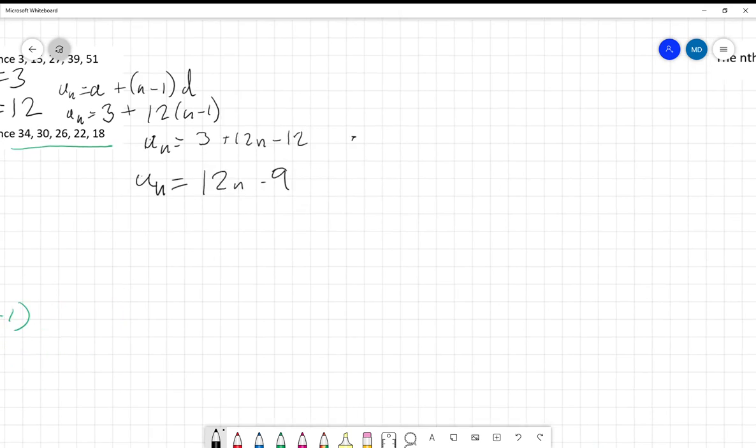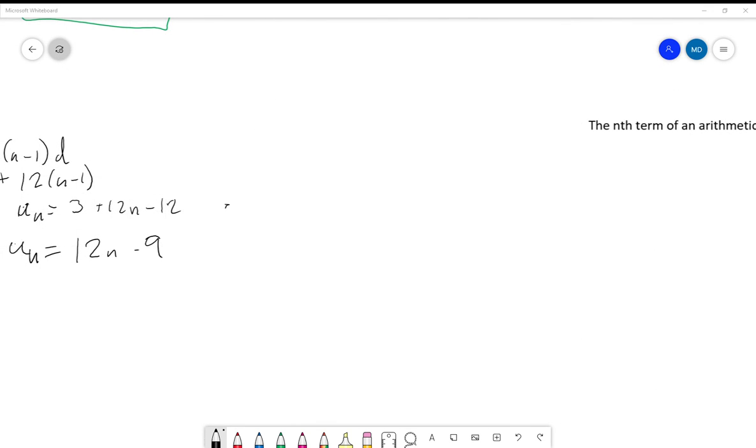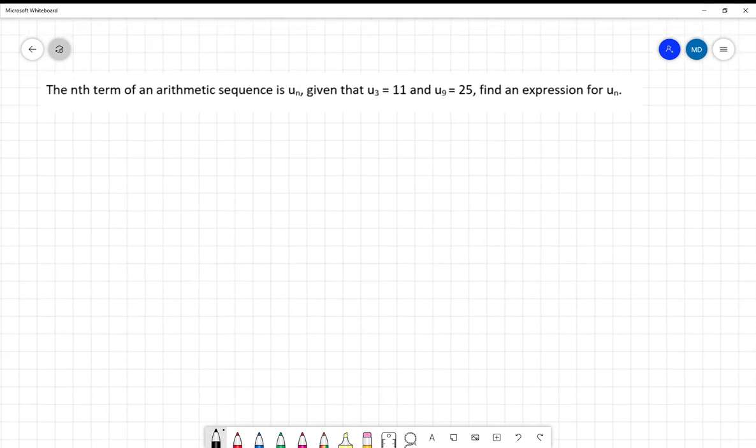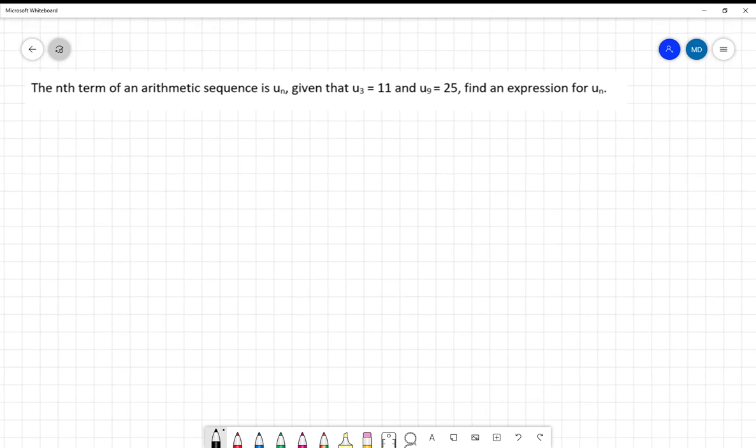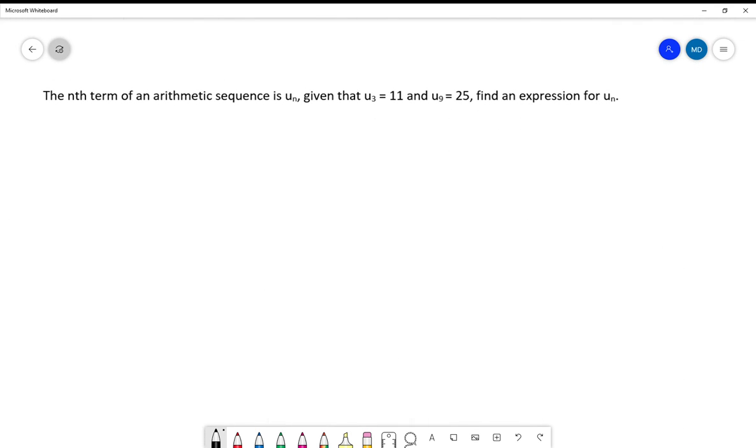Okay, often the questions will be a little bit more complicated than that. So let's look at this one. The nth term of an arithmetic sequence is un. Given that u3 is 11 and u9 is 25, find an expression for un. So we're going to use that same formula. We say un is equal to a plus n minus 1 d. And we're going to plug in what we know from each one.